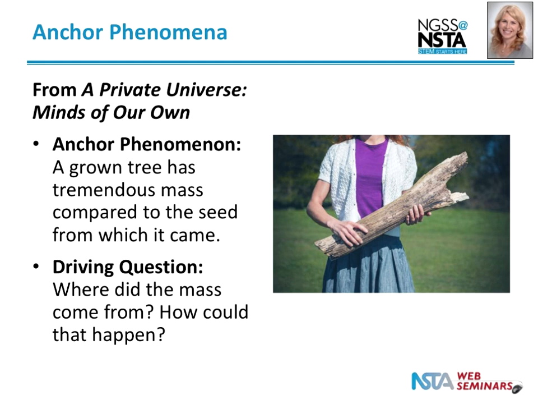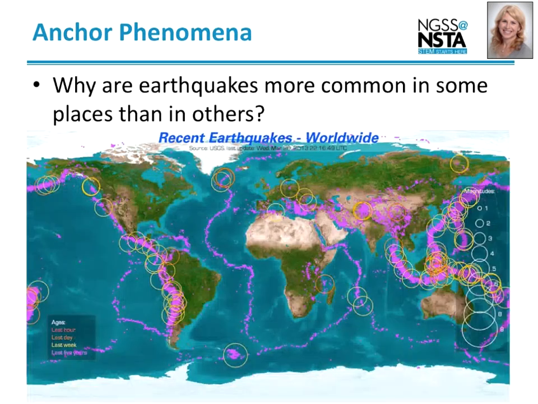In this example, students are using the phenomenon of how a tiny seed could become a massive tree by working to figure out the driving question: where did that mass come from? How could that happen? With this anchor phenomenon, students are engaged in building earth science ideas in the context of their application to understanding phenomena in the real world.